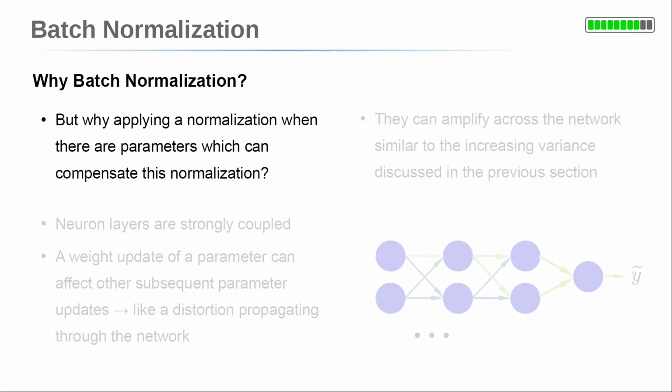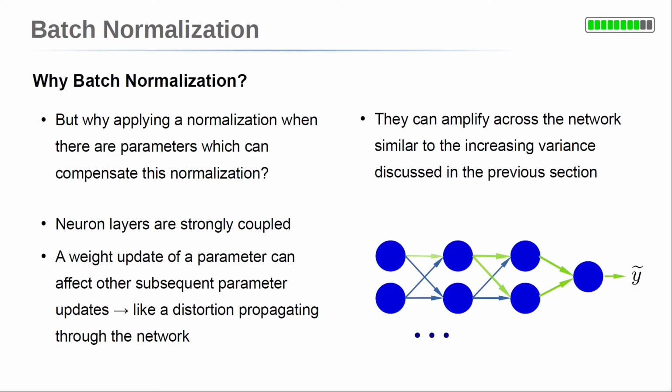You might wonder why to apply a normalization when there are parameters which can compensate this. We will not go into the various details to answer this question, which is still under debate. Here we will just make a loose argumentation. So neuron layers are strongly coupled. The output of one neuron is the input for another neuron in the next layer.